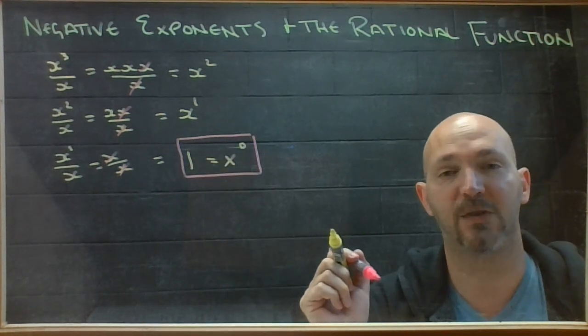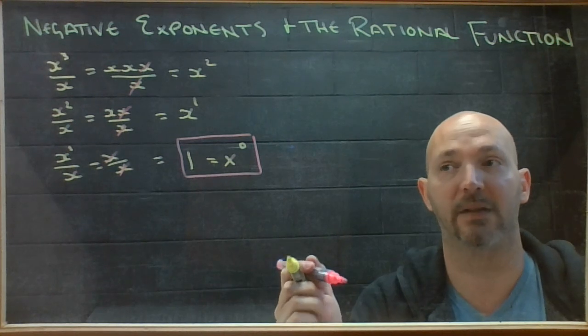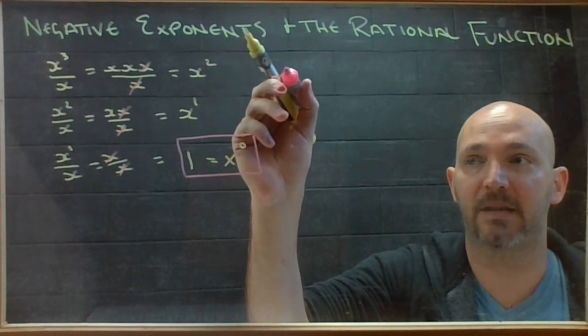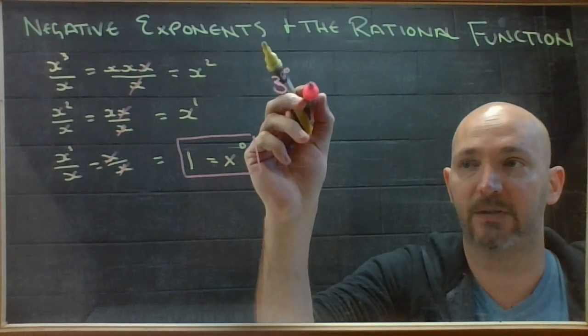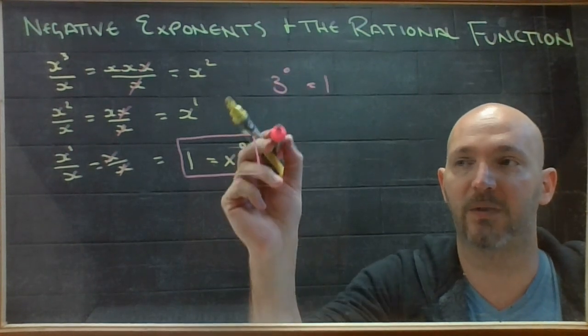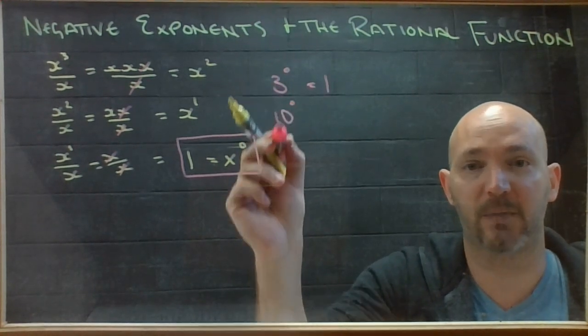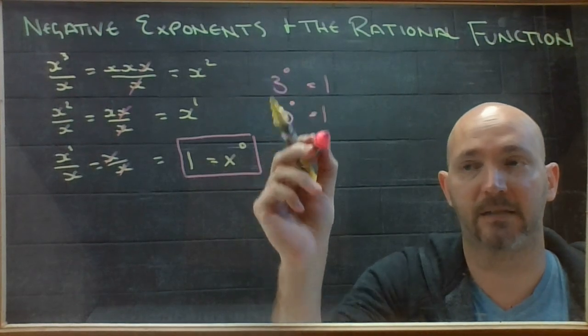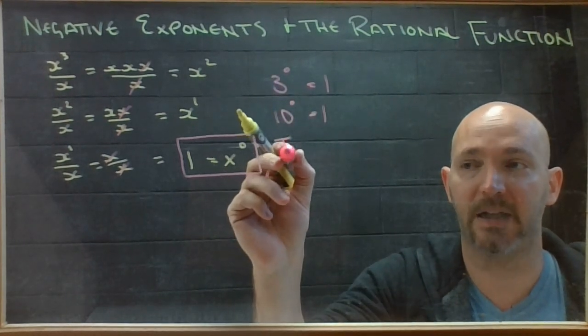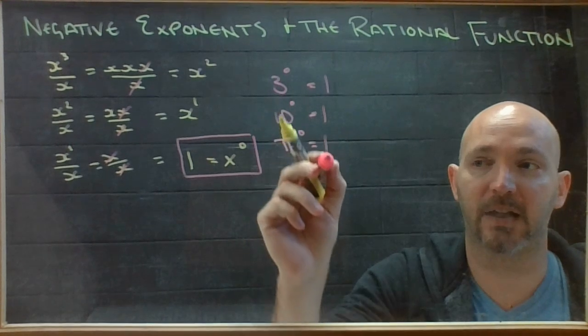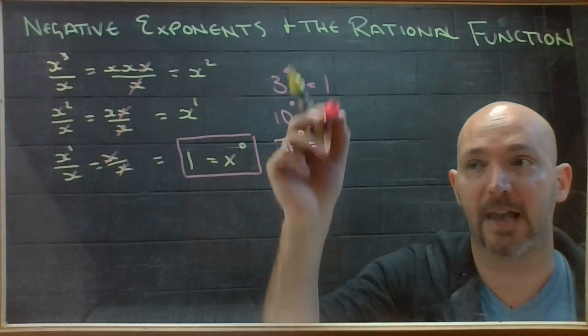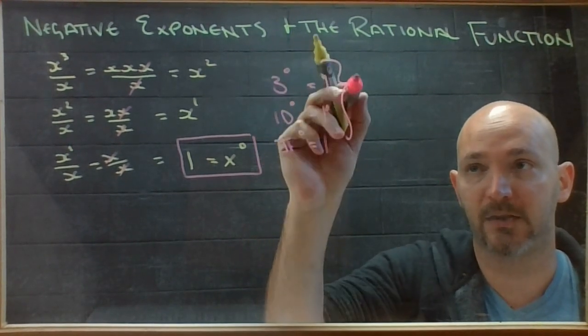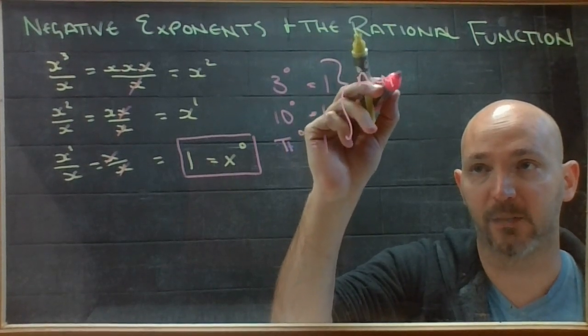And I challenge you to pick up your calculator and give it a try. If you type in 3 to the exponent 0, you'll get 1. If you type in 10 to the exponent 0, you'll get 1. If you type in pi to the exponent 0, you get 1, etc. Anything to the exponent 0 is worth 1.